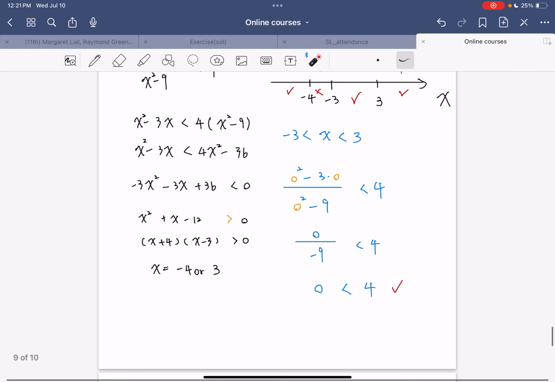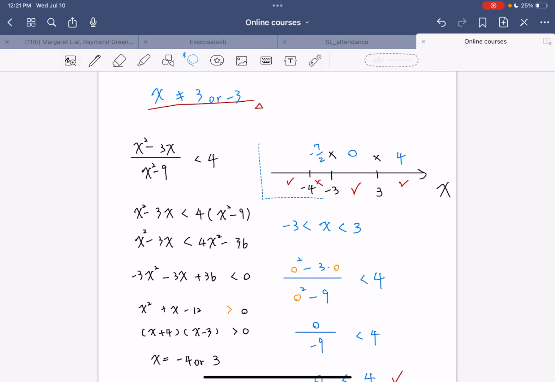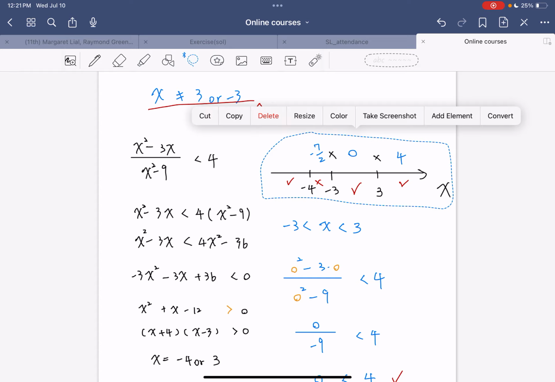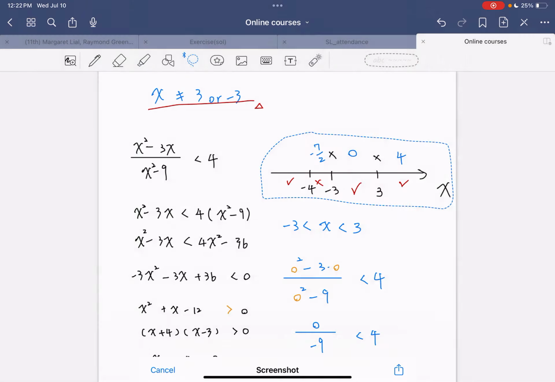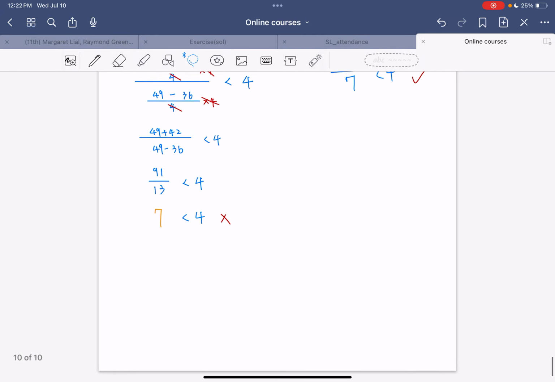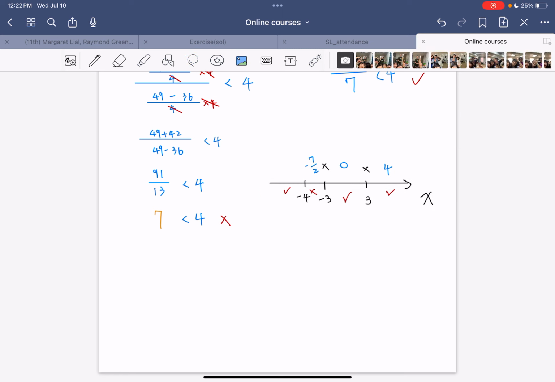So when we are writing our answer, okay, let's copy this, please. Copy. And we paste this down here, so it'll be easier to tell.